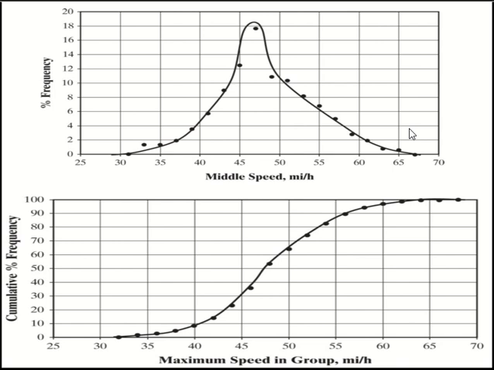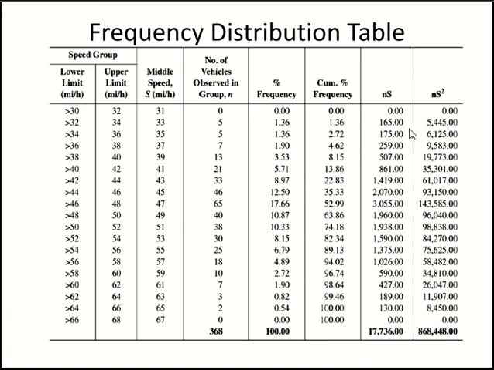Can you tell me the columns here? Third and fifth. Third is the middle speed, so it will be on the x-axis. And the fifth, percentage frequency, will be on the y-axis. Got it?